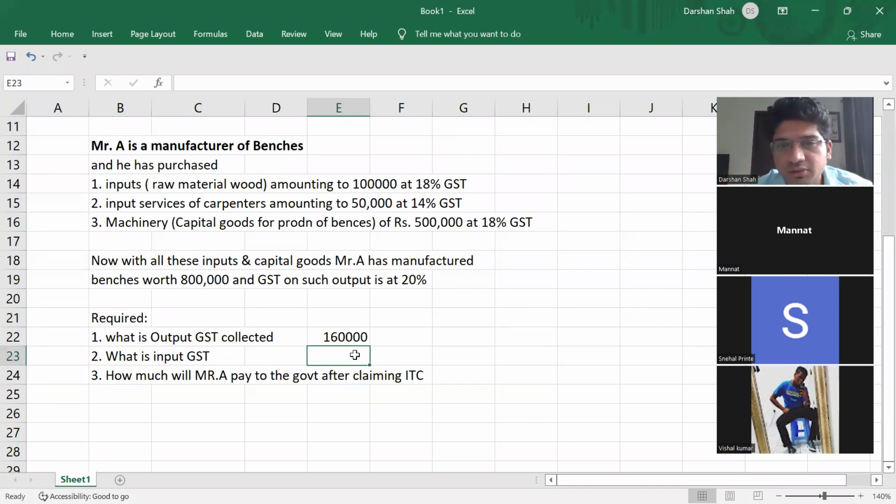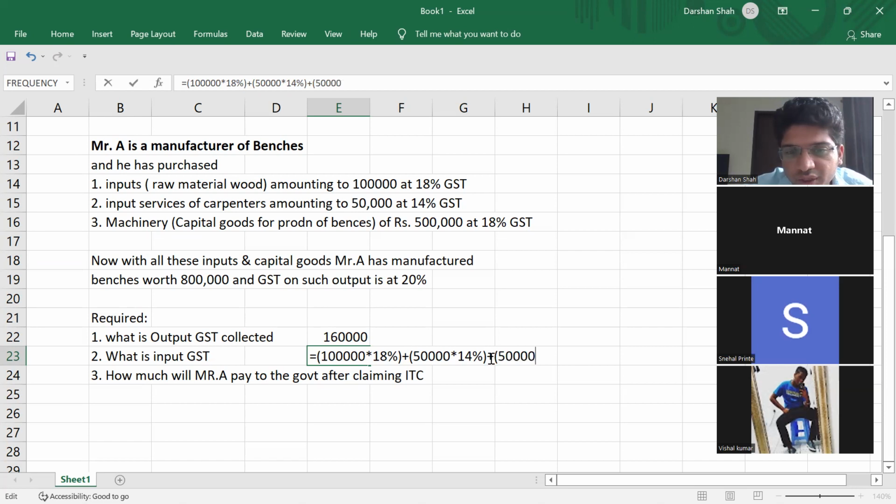So my input GST will be, pay attention, 1 lakh into 18%. That is my first input GST, plus 50,000 services into 14% GST I have paid to the laborers, to the carpenters, correct? And plus, I have taken capital goods worth 5 lakh and into 18% GST.